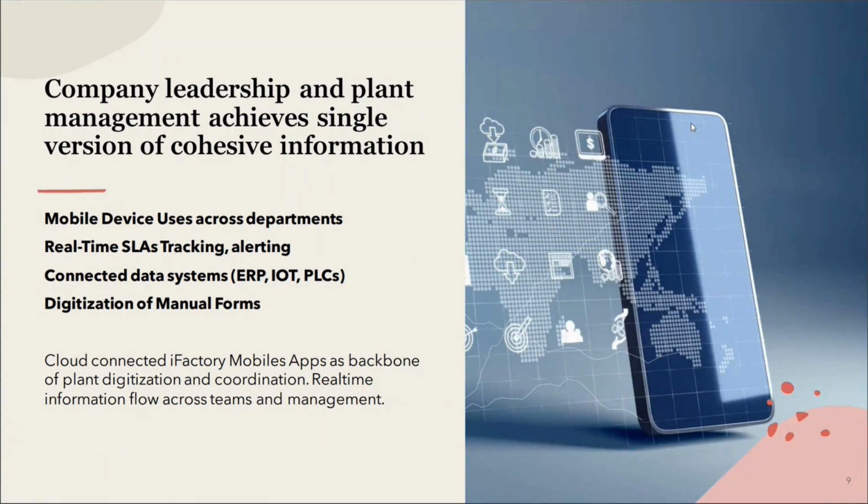And then we talk about the connected data systems: ERP, IoT, PLC. These are massive information blocks. But there's a lot of hidden information collected on an everyday basis in these pockets of systems and kept in their own areas. So when we look at a 30,000 feet view, how do we transform our plant for higher productivity?